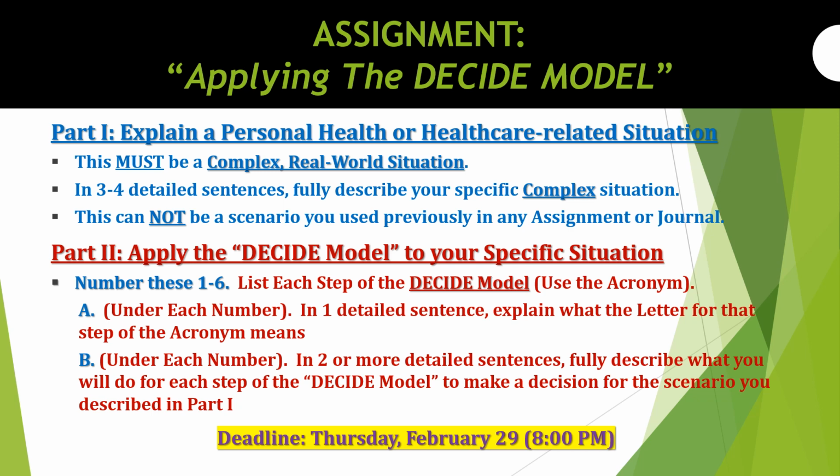So B would have B1, 2, and 3 for the consider phase, and that's detailed in the Canvas page. So that's how you do this assignment, applying the DECIDE model.